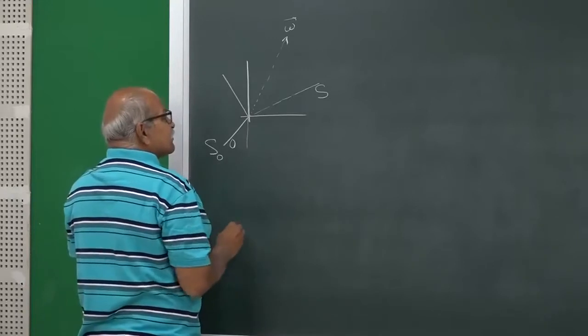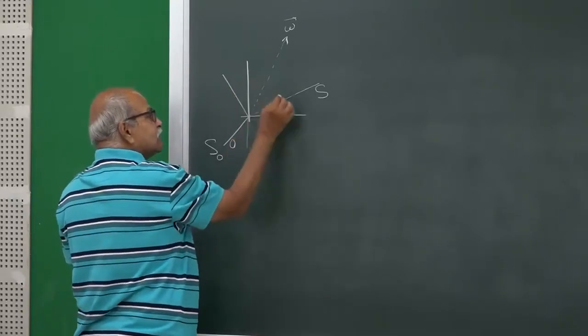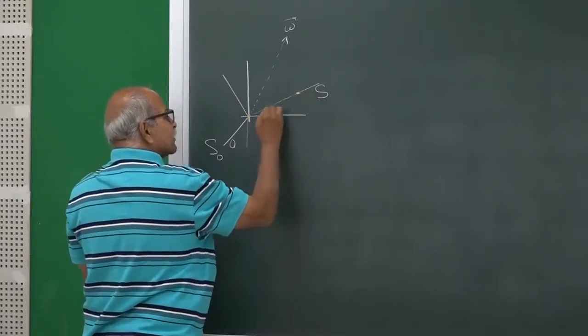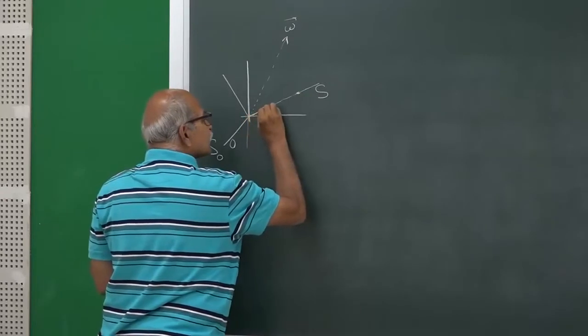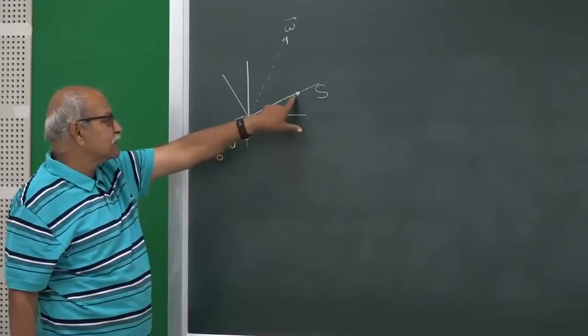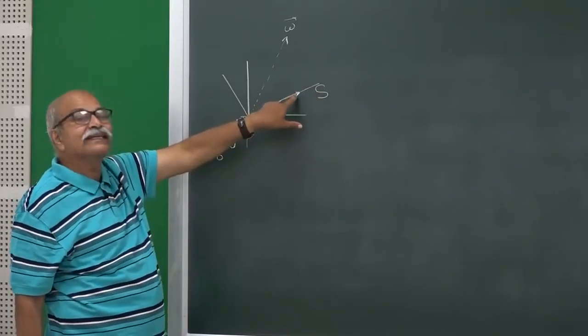And then we said that if a vector is fixed in this frame, suppose I take a point here and say that okay, this is the vector. So, wherever this x axis of S goes, this vector will go together with it.